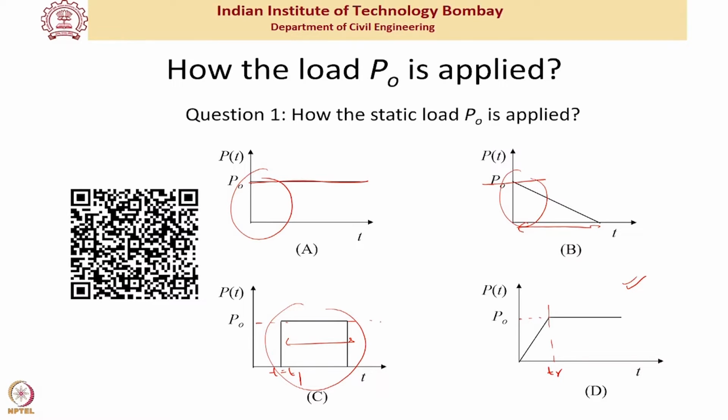However, if you consider the fourth option here, depending upon the time value of TR, you might be able to apply a static load. Okay, and we'll come to that.